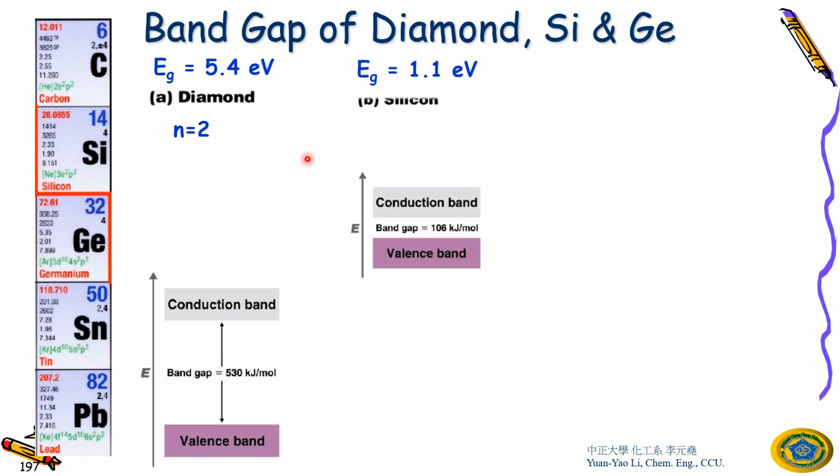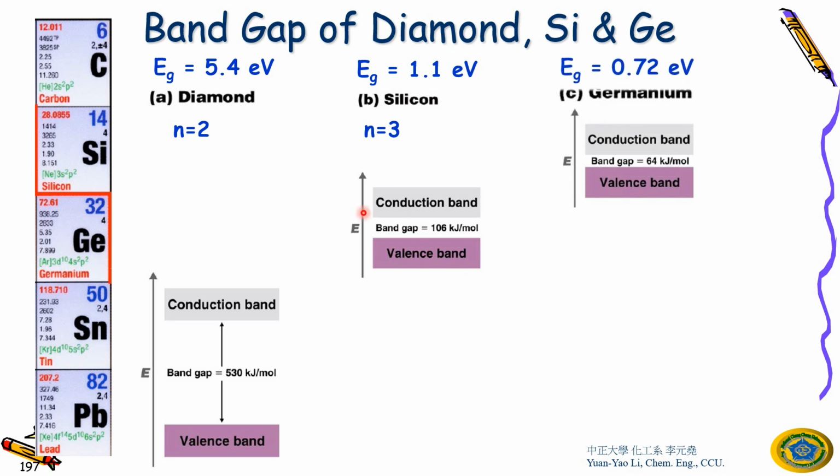The energy level is higher. This represents energy level from low to high. So this is silicon, the band gap is 1.1 electron volt, with n equal to 3. How about n equal to 4? Germanium is also a type of semiconductor, and its energy band gap is 0.72 electron volt.